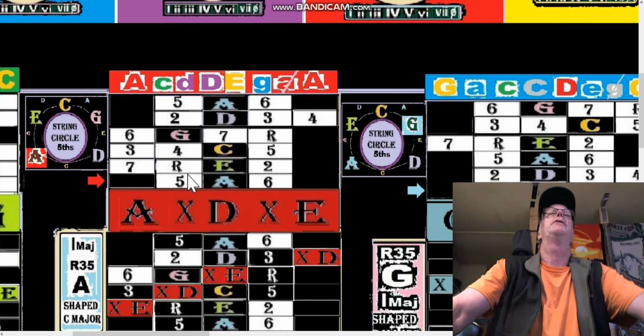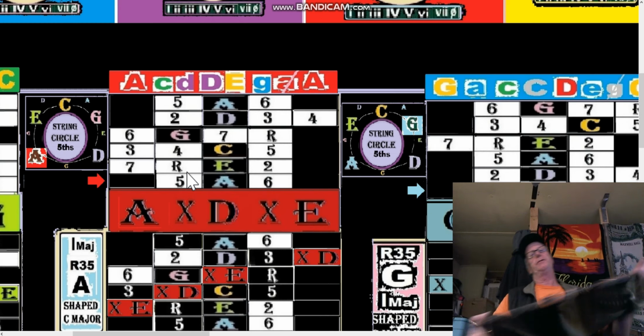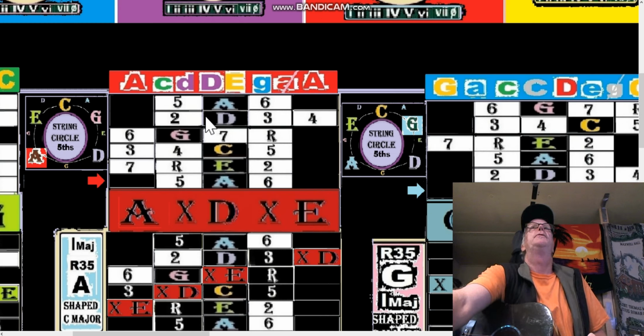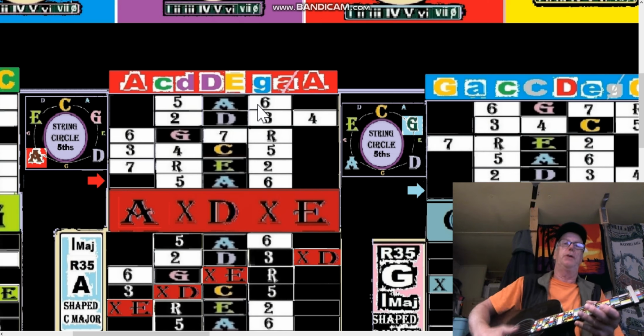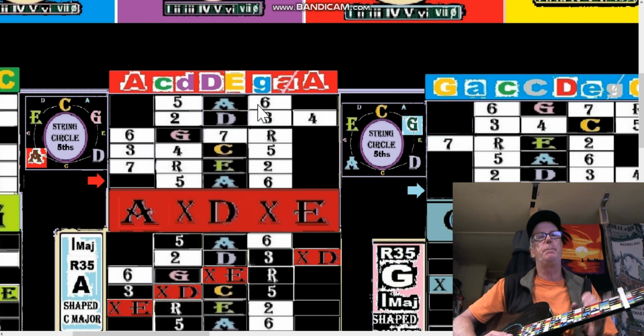So let's start it root to root. That's why it sounded Mixolydian. 1, 2, 3, 4, 5, 6. We only did 6 notes there. I thought that was the 7th. So that's what happened. It's a little tricky sometimes.